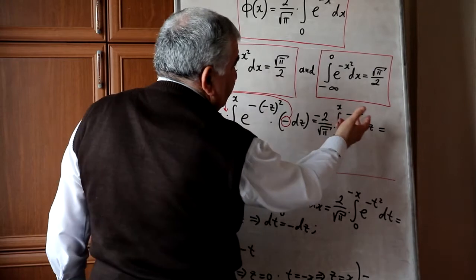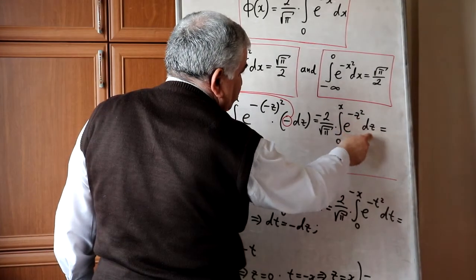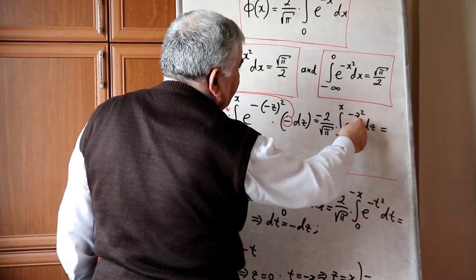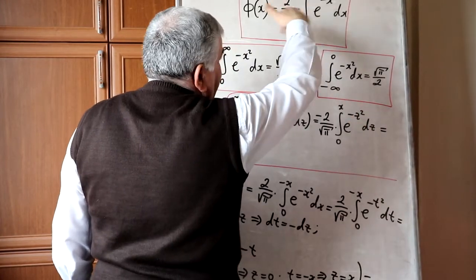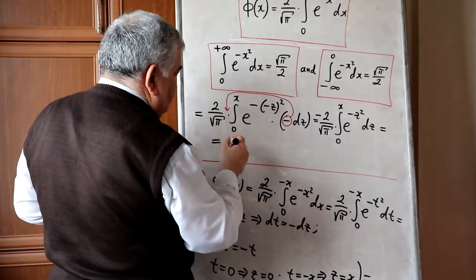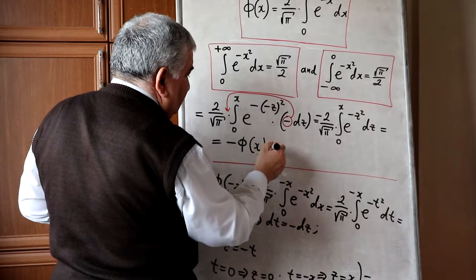We can change the integral variable to t, for example, and it is phi of x. Therefore we can write equals minus phi of x.